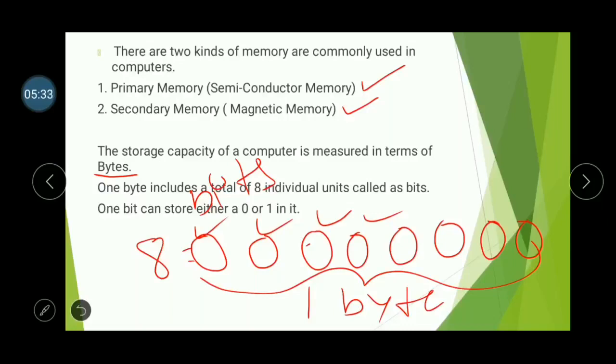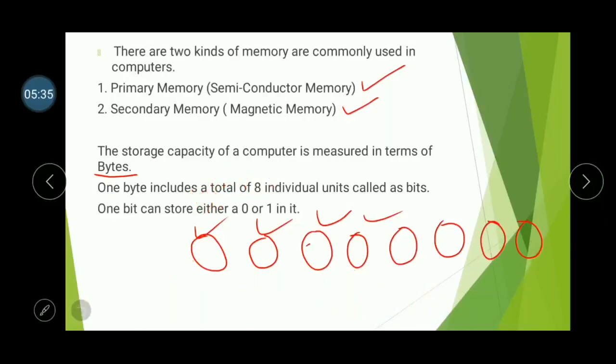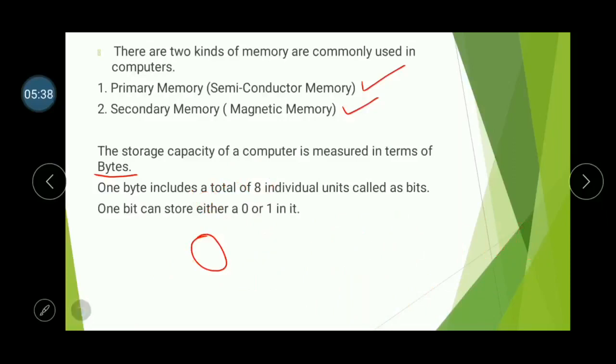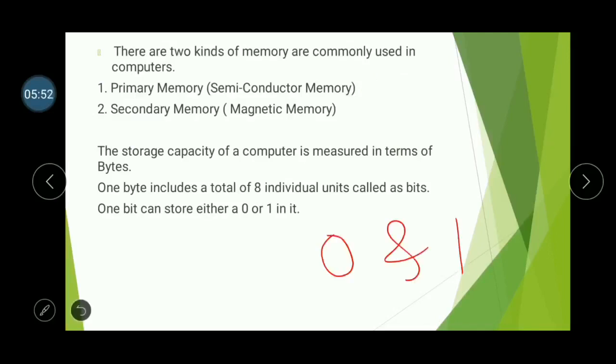Before, I told you that the computer does not understand human language, it only understands binary language, that is 0 and 1. This 0 or 1 is stored in 1 bit. 1 bit can store either 0 or 1.